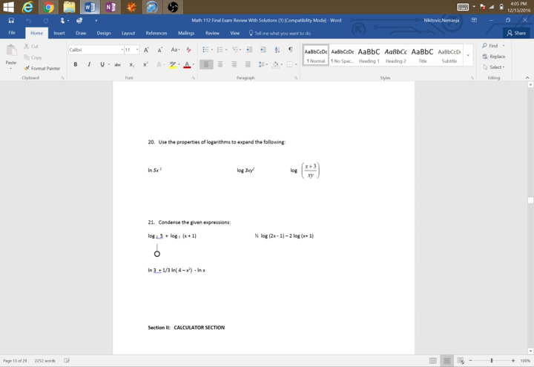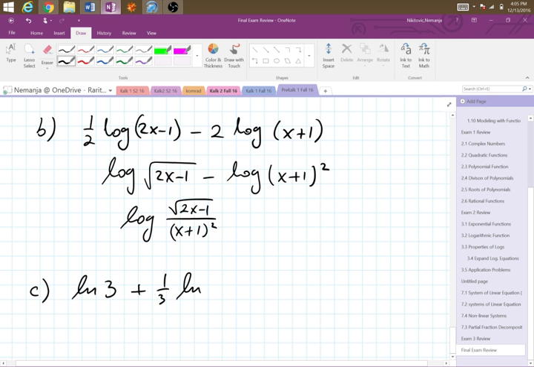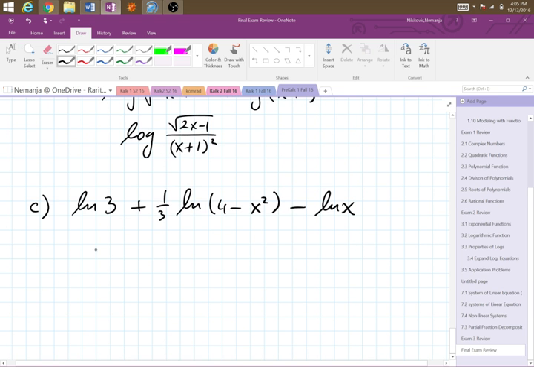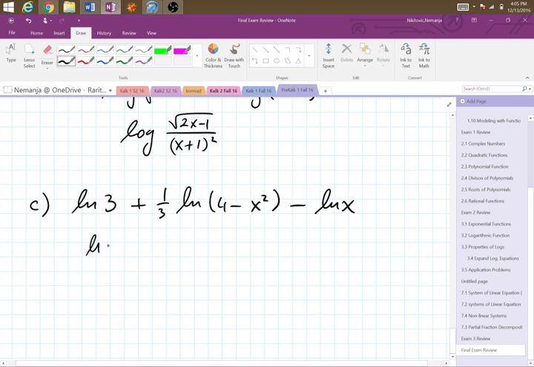4 minus x squared minus ln x. Now what? Cube root, very good.